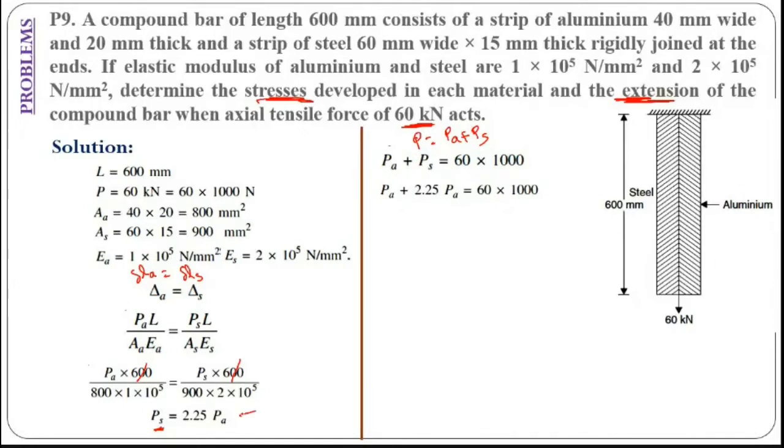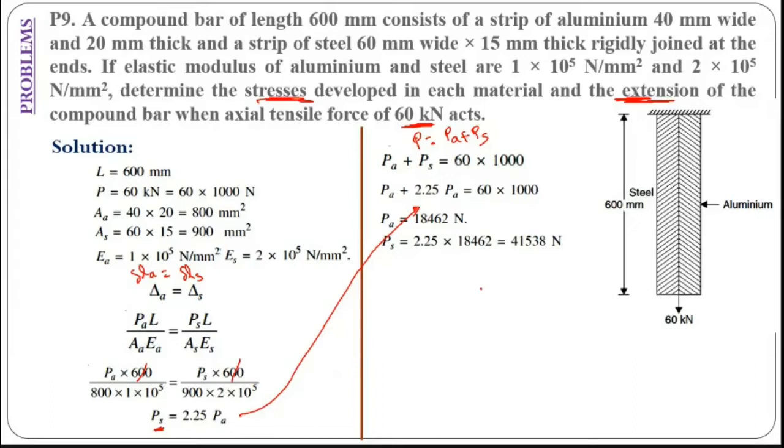Let me substitute PS here. You will get 2.25 PA is equal to 60 into 10 power 3. From this I will get PA, which is around 18.46 kilonewton. I will also get PS after substituting in this equation: multiplying with 2.25, you will get PS. So this data is known.